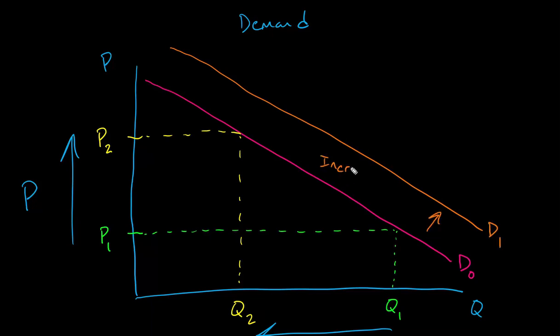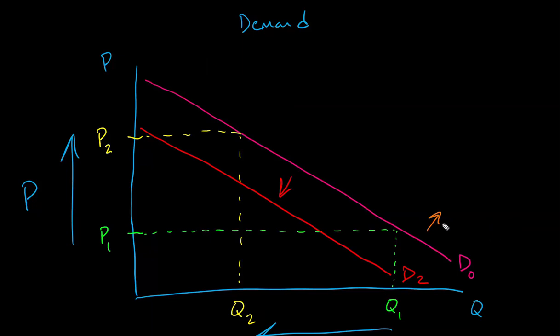So this is an increase, a shift to the right. We'll cover that again in the next video, but I do want to cover it here as well. And then we could also see a decrease, which would be a shift to the left. So it's a decrease in our demand. So that's what a change in demand is going to look like. The entire curve is going to shift.